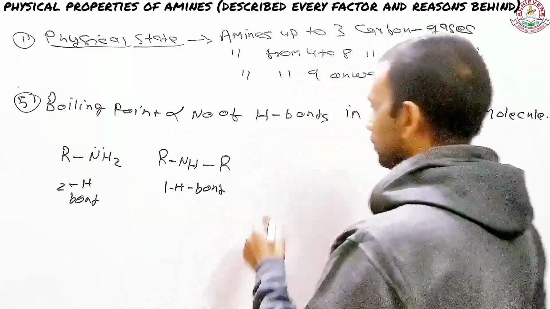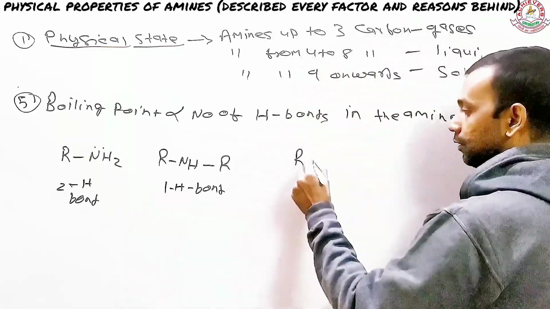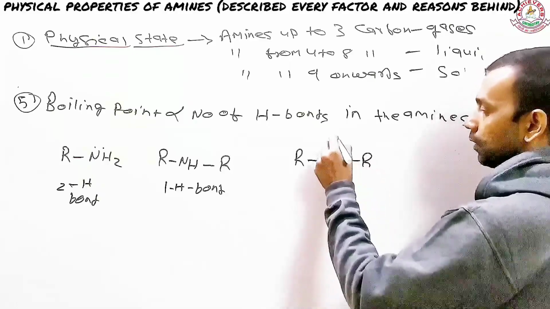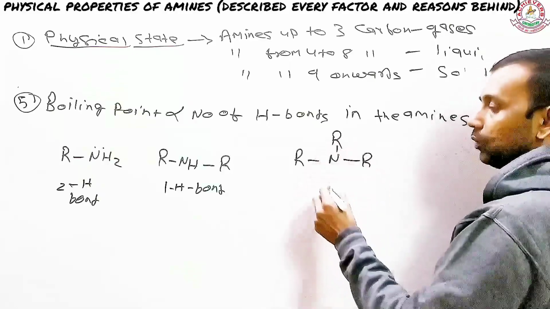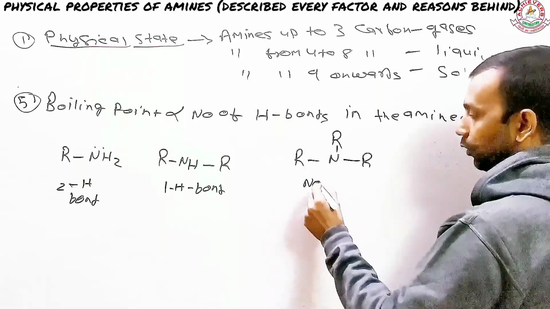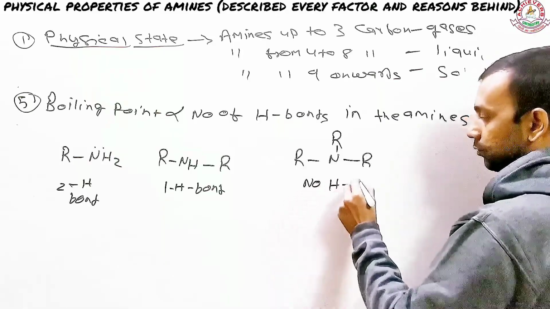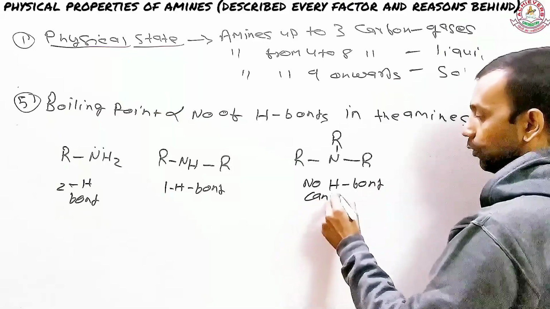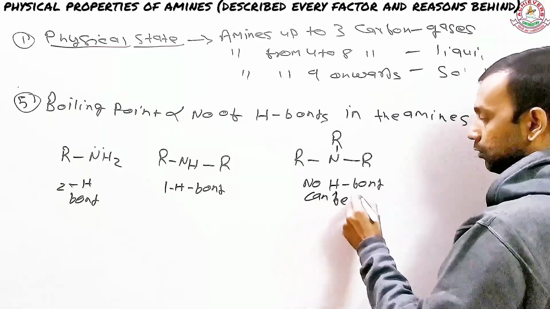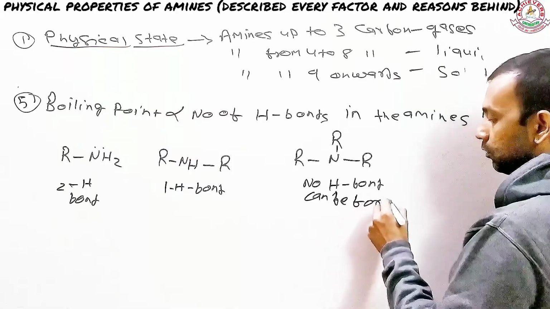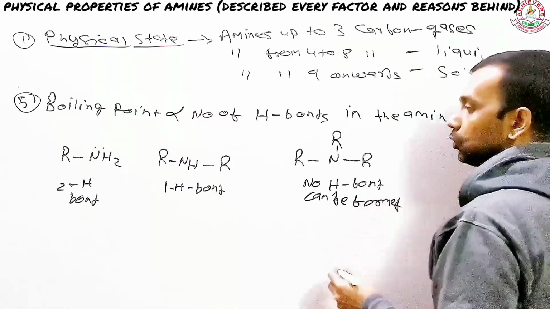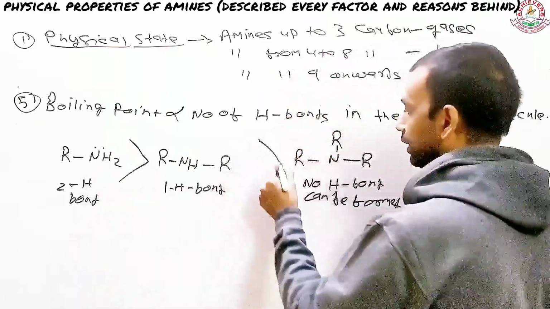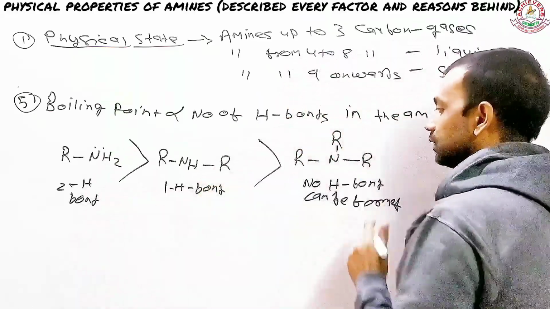And in tertiary, no hydrogen bond can be formed. So the boiling point of the primary one is going to be highest, then the secondary one, and then the tertiary one.